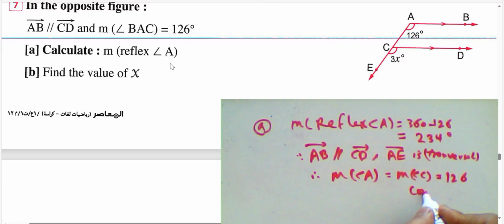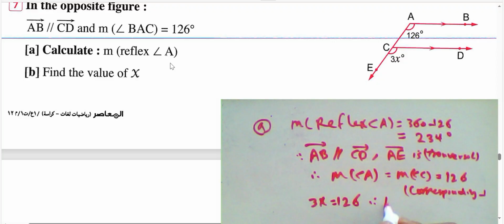So we call them corresponding angles. Then we can write the relation between them: 3x equal 126. Then the value of X: 12 divided by 3 is 4, 6 divided by 3 equal 2. Then X equal 42.